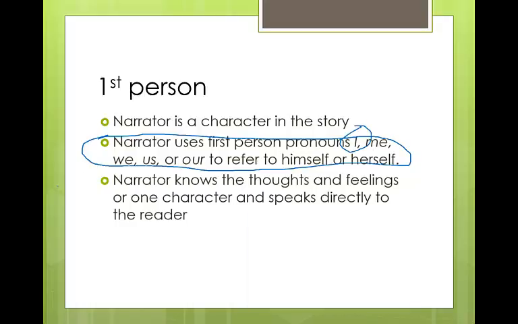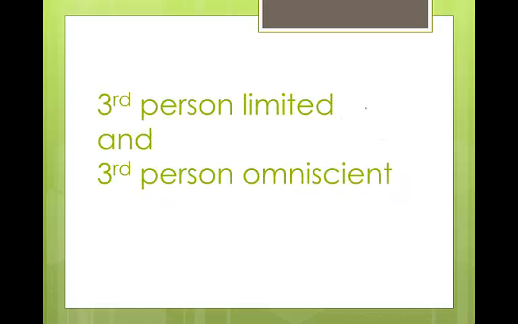Okay, those indicate that the narrator is a character in the story, and that the only information we're getting is from that character. That character knows their own thoughts, their own feelings, and that's the only information we get. Okay, so I'm not going to spend a lot of time on that.